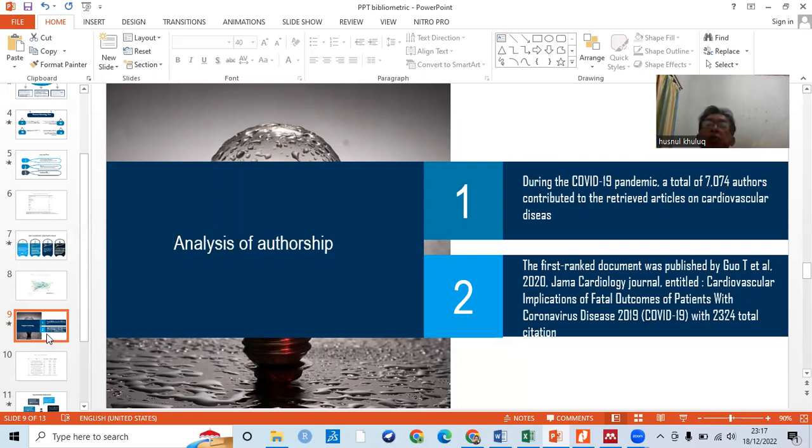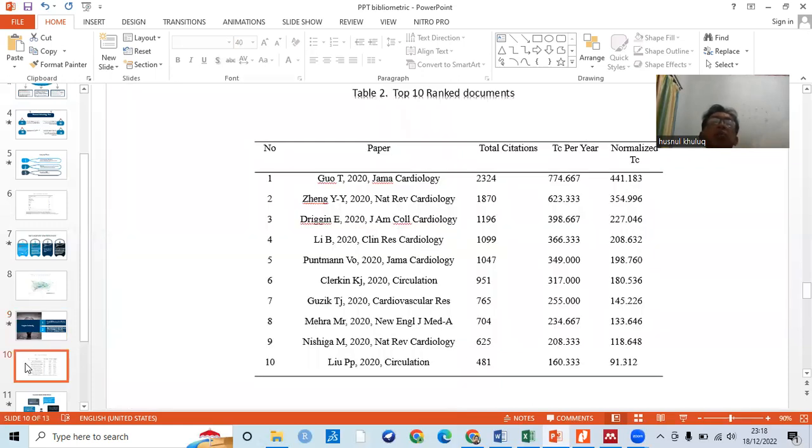The first ranked document was published by Guo et al. in 2020, JAMA Cardiology Journal, entitled Cardiovascular Implication of Fatal Outcome of Patient with Coronavirus Diseases or COVID with more than 2,000 total citation. Table top 10 ranking documents.